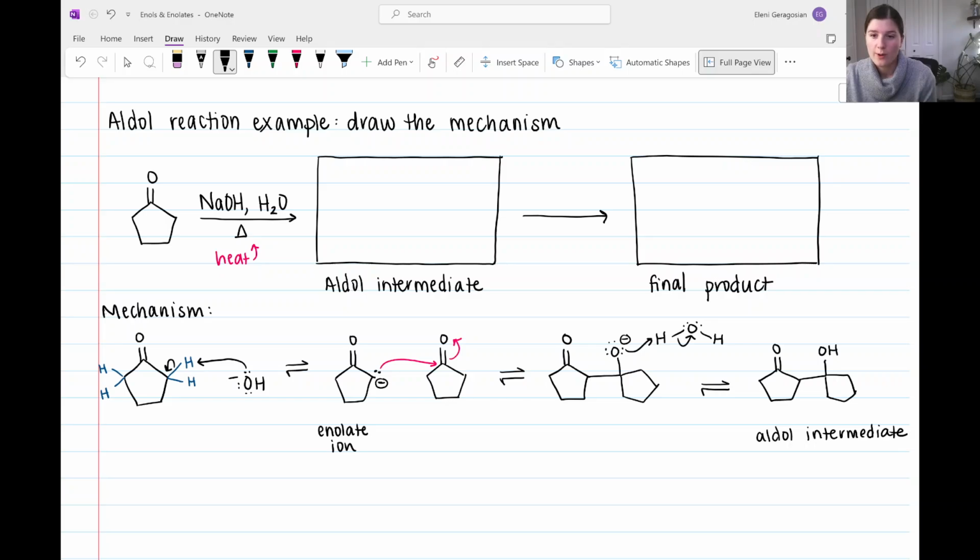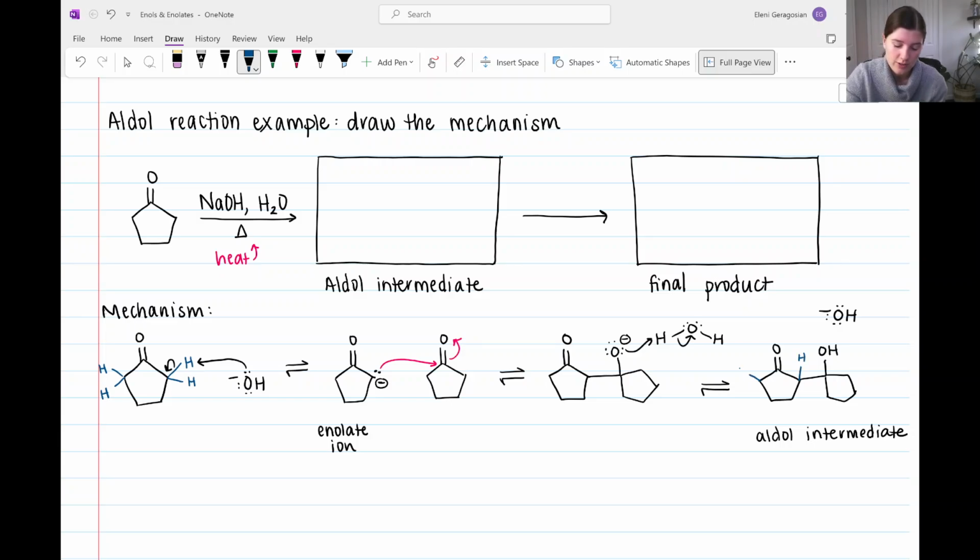So once you formed the aldol intermediate, remember that the next step is again using hydroxide base or whatever base you have present, and you're going to remove a proton from the molecule. The proton that's removed is still from an alpha carbon relative to the carbonyl, and it's the alpha carbon where the new carbon-to-carbon bond was formed. So that's this hydrogen here that's getting removed.